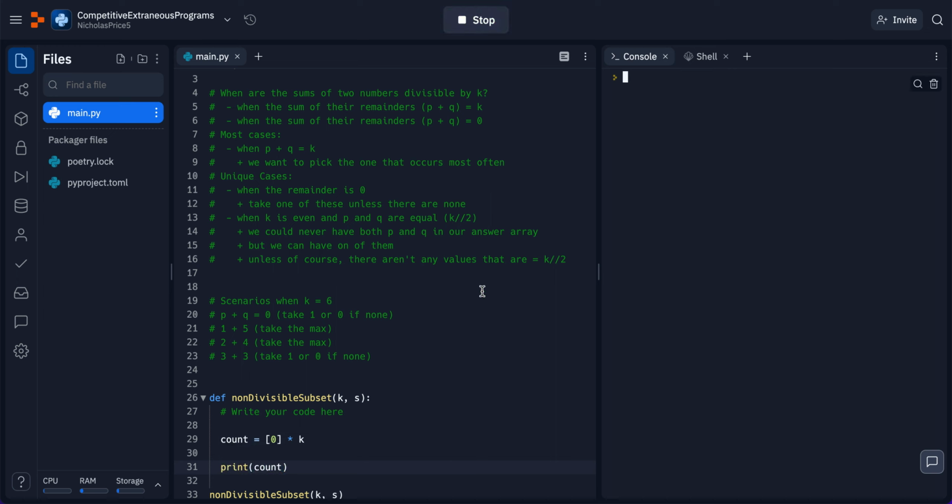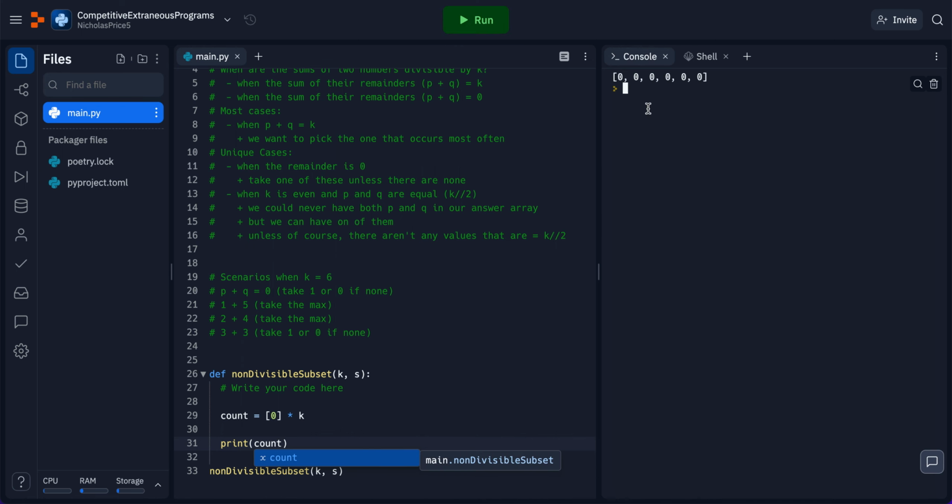What is count? So count is an array with 6 zero values in it. And so what do these represent? Well, this first one will represent index 0. Index 0 will be the numbers that, when divided by k, have a remainder of 0.